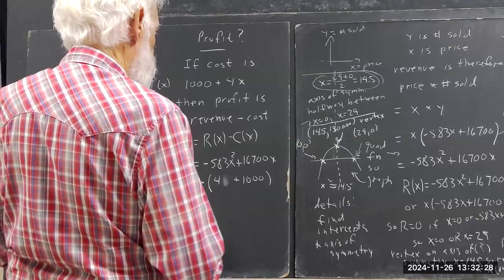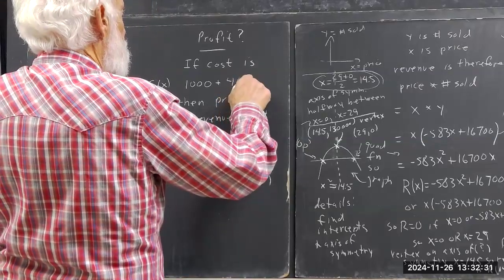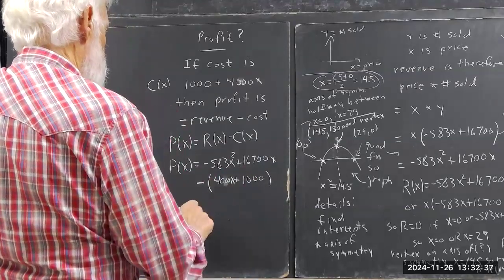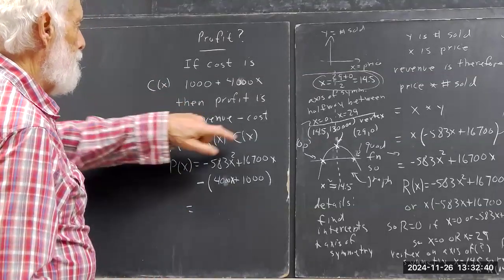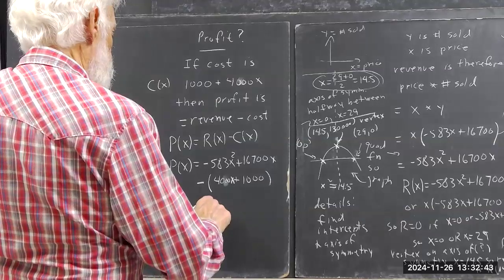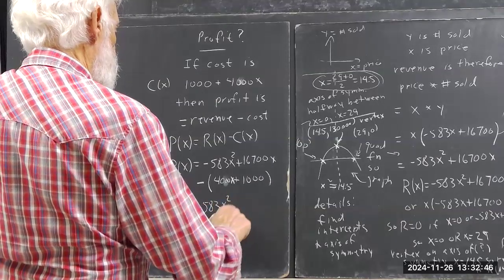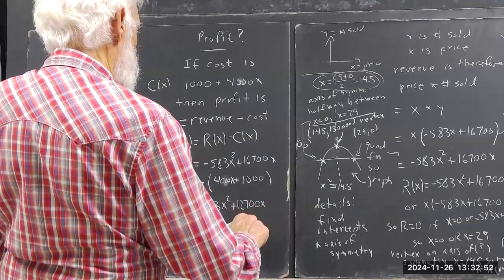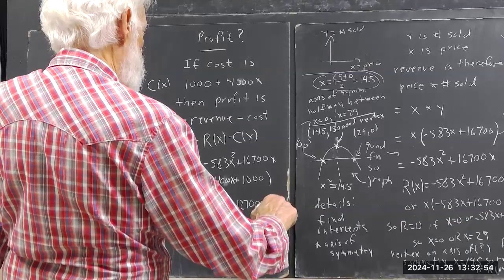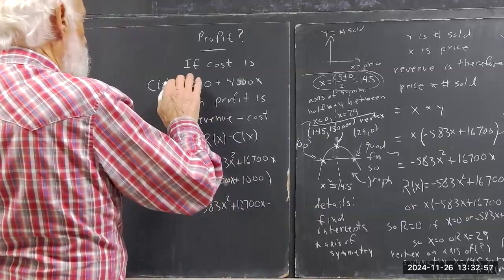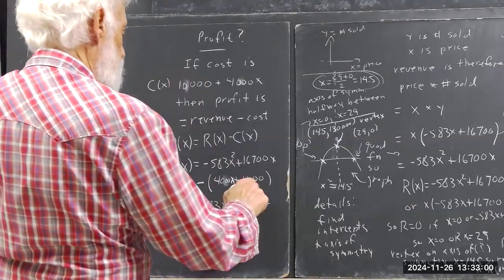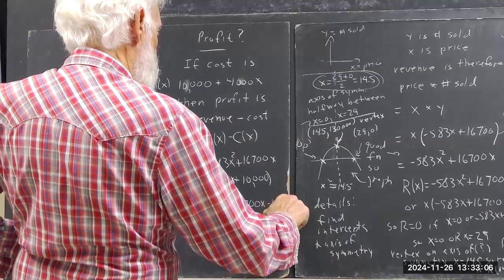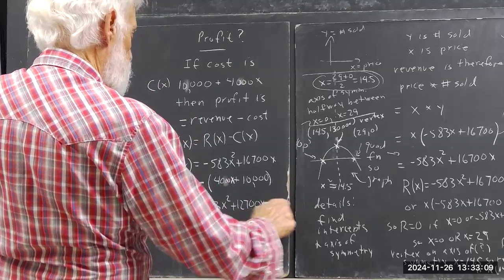I'm going to make that 4,000x. It's jumbled up there, but if you subtract this function from this function, you're going to get negative 583x² plus 12,700x. That's a 10,000.